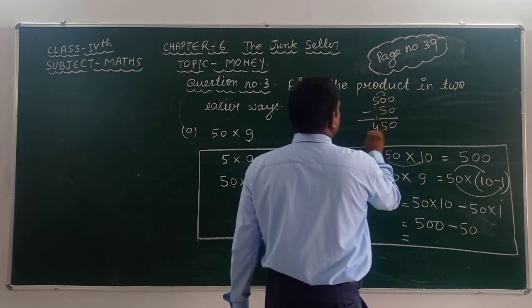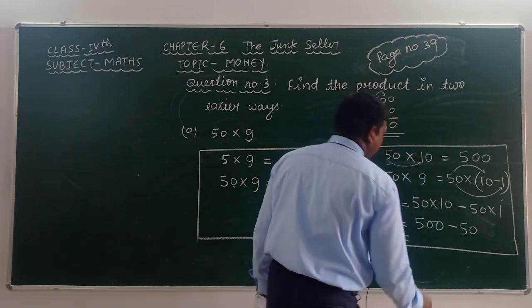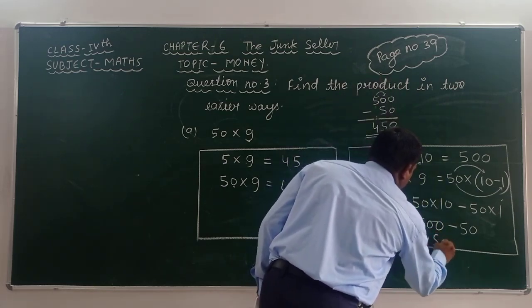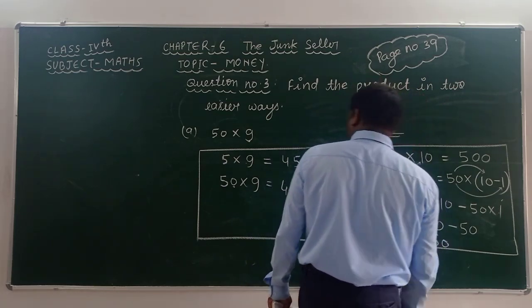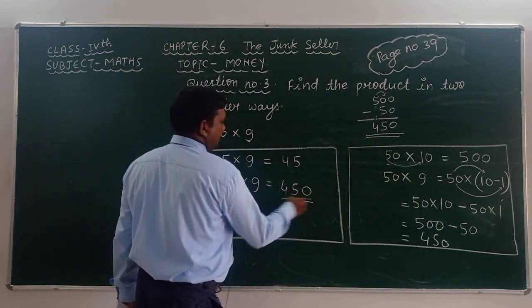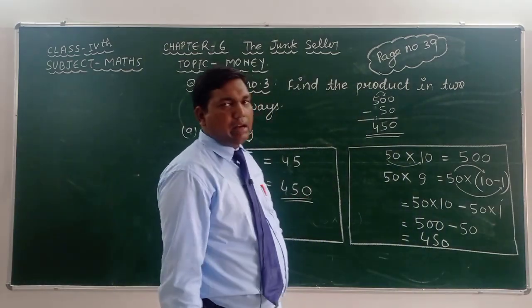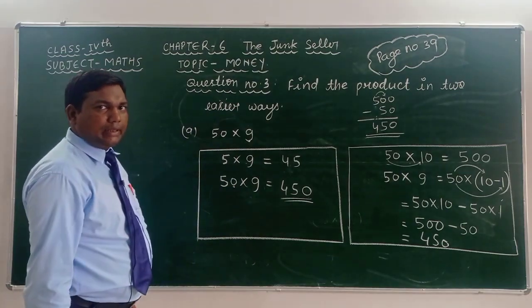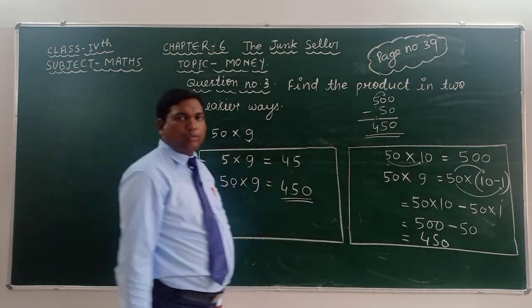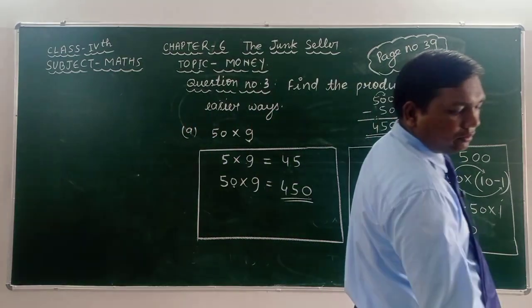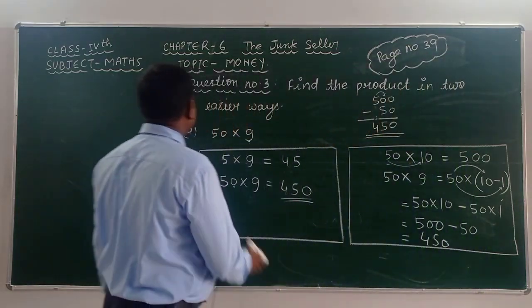Okay, after subtracting these, here we get 450. It means that this is the correct answer. Okay, similarly we can solve all given questions.